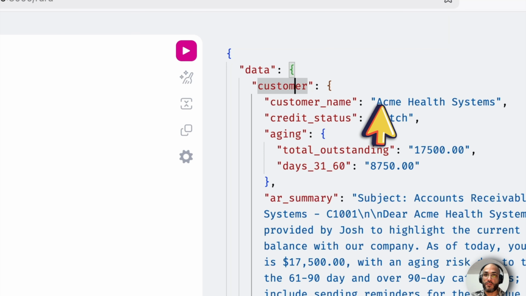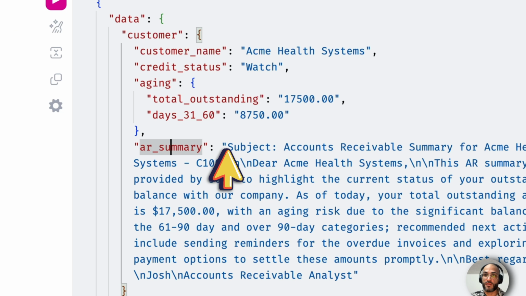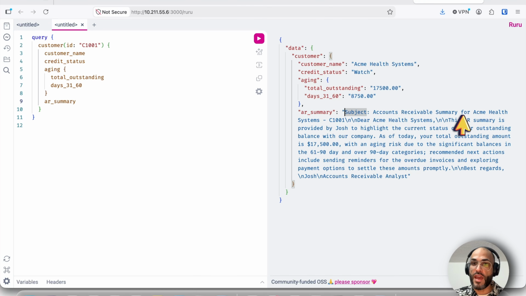And here we see we have Acme Services, the credit status, the aging, and our new AR summary, which is gonna read like an email. It's gonna say, subject: Accounts Receivable Summary for Acme Health Systems. Dear Acme Health Systems, this AR summary is provided by Josh to highlight the current status of your outstanding balance with our company.